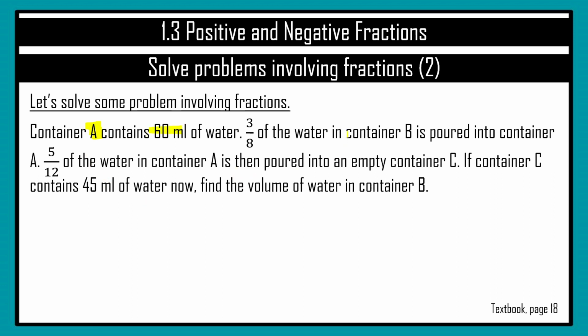And then from container B, 3/8 water is poured into container A. And then from that total of the water that is in the container A now, 5/12 of it is poured into an empty container C. So assuming that water is 45 ml, we want to find what is the volume in container B.